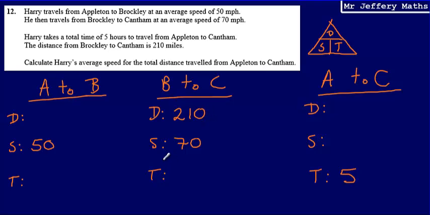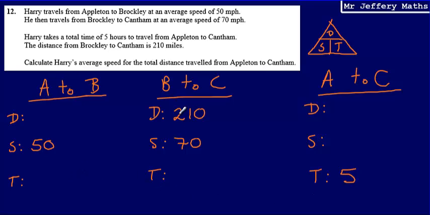However, I do know how long Harry was travelling for. So if I know that Harry was travelling for a total of 5 hours, then if I worked out the amount of time it takes him to get from B to C, that would in turn tell me how long it took him to get from A to B, because I know that those two times have to add up to make 5.